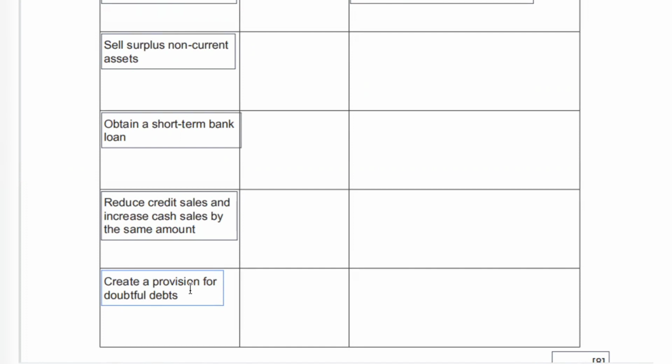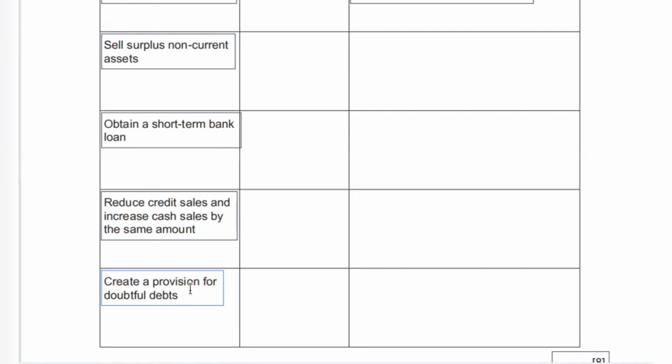As we are increasing the provision of doubtful debts, it will reduce the profit and reduce the working capital. In the balance sheet, we write opening capital plus profit less drawings equals closing capital.